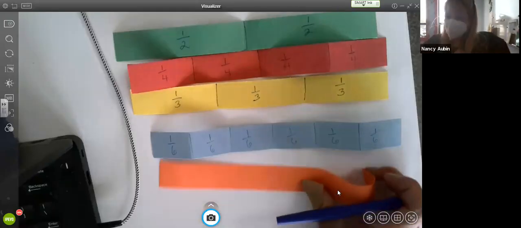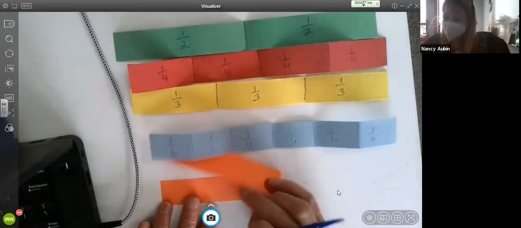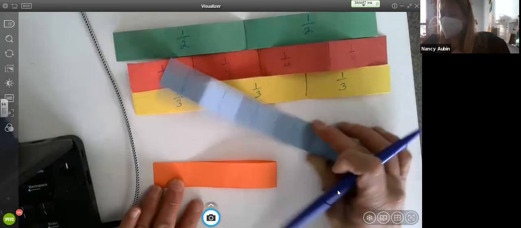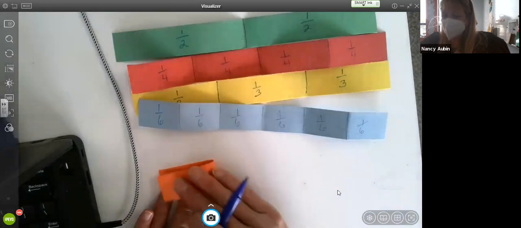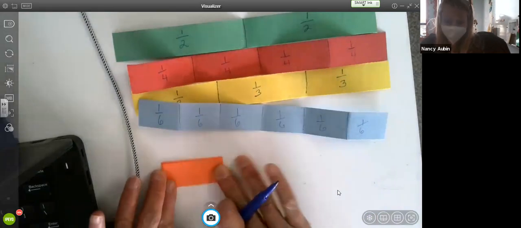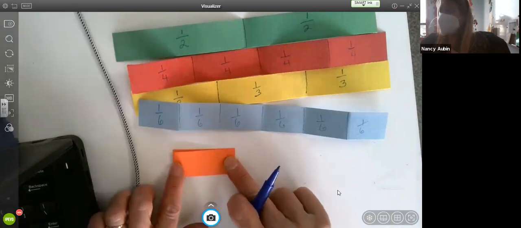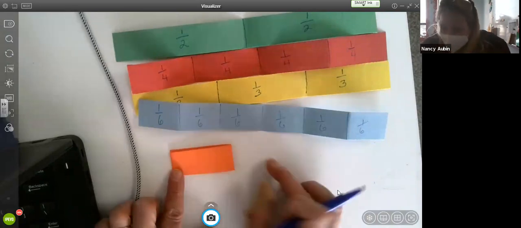So let me show you what that will look like. We're going to take our strip, fold it in half. Now we have halves. We're going to fold our halves in half again. Now we'd have fourths because 2 times 2 is 4. Now we're going to fold our fours in half again.